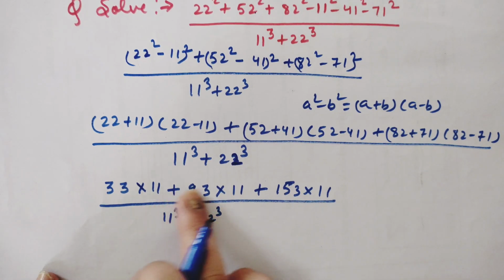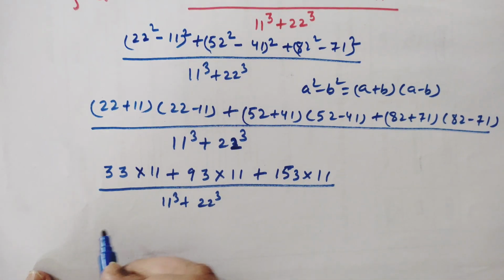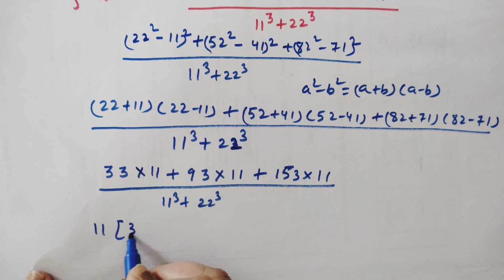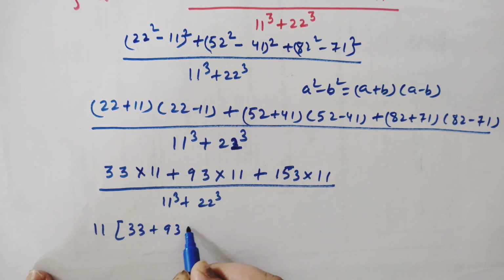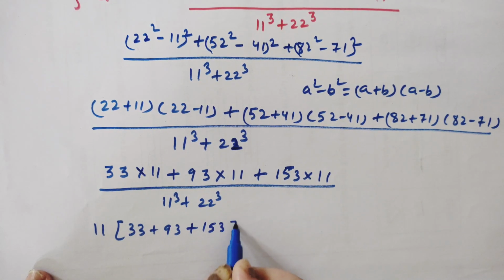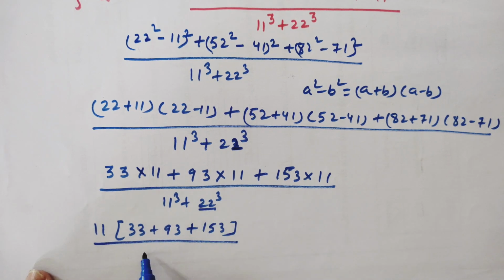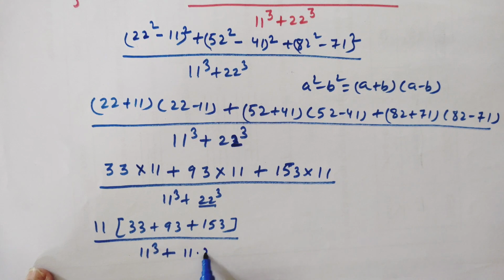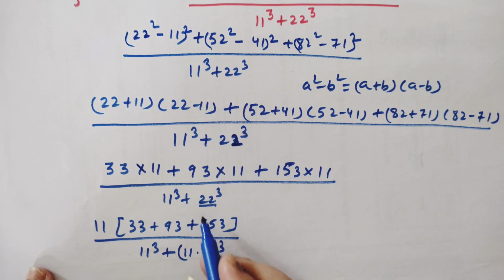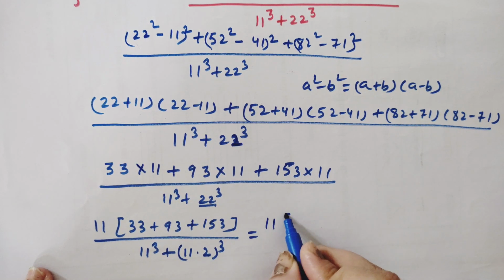Now you can see 11 is common in the numerator, so we will take out 11 common. Inside is 33, 93 plus 153. And this 22 cube we can write as 11 into 2, the whole cubed. We just split 22 into the product of 11 and 2.